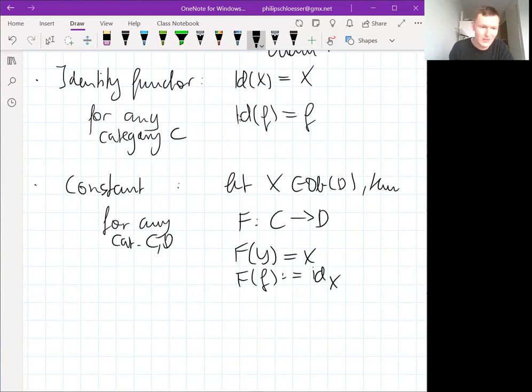That thing is called the constant functor.